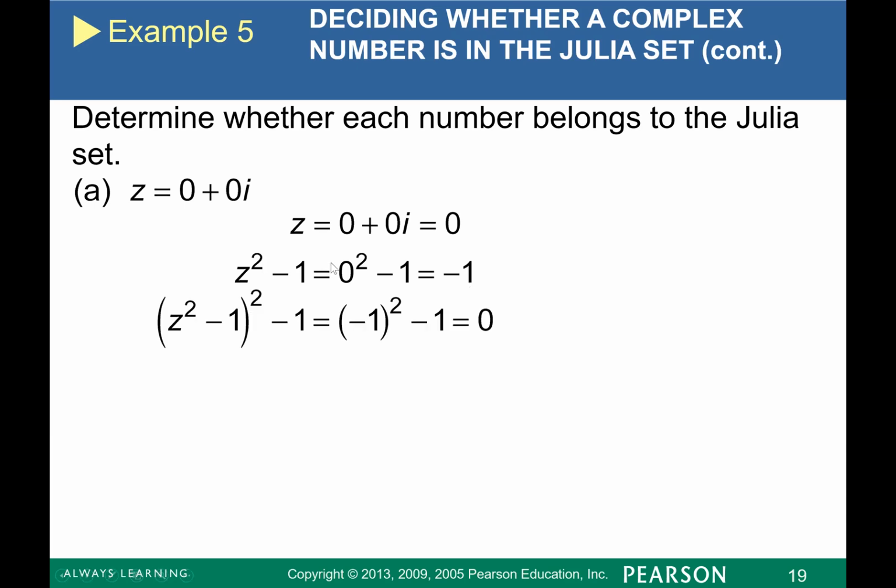Okay. So then we have to take that number and plug it in for z. The -1 squared is 1. 1 minus 1 is 0. Squared is 0 minus 1. So will you always use this z squared minus 1? Only for the Julia set. For the fractal that's a Julia set.